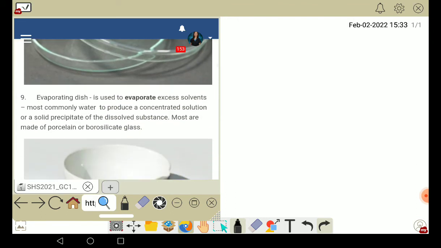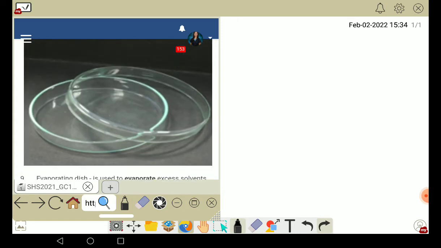And of course, it is a transparent type of apparatus so that we could observe the bacteria and whatever is happening, how they multiply per second or in a specific period of time.